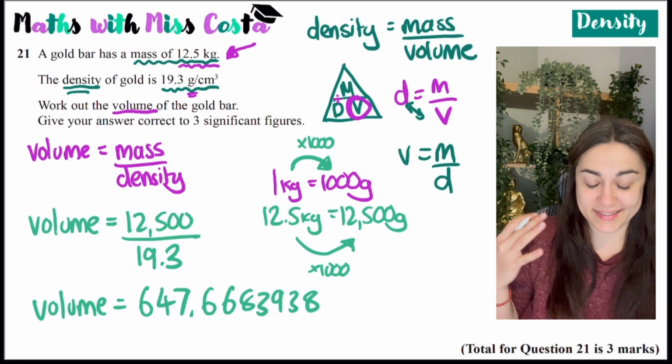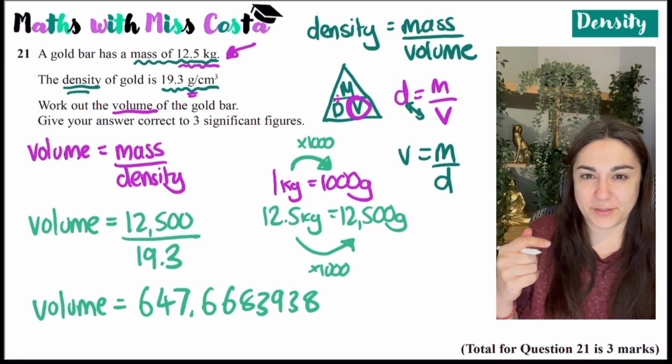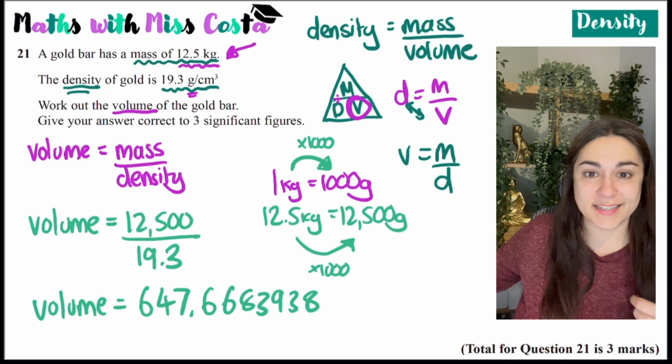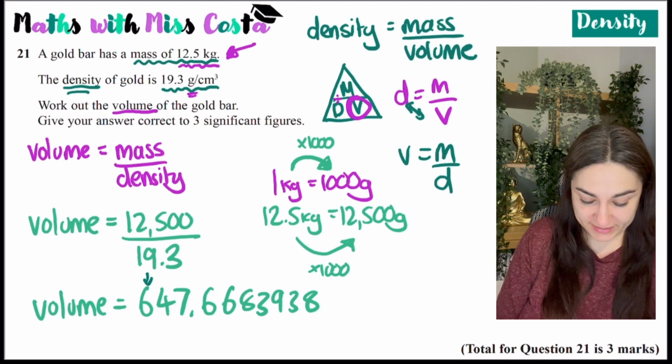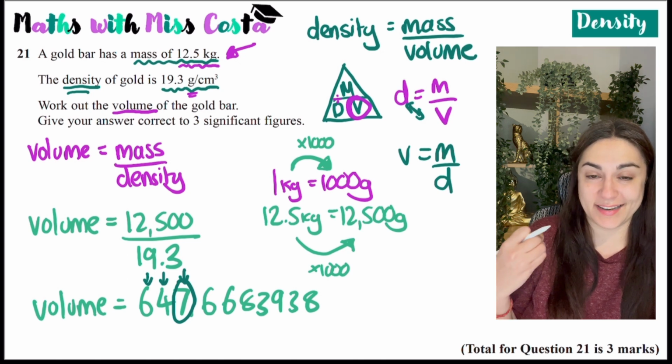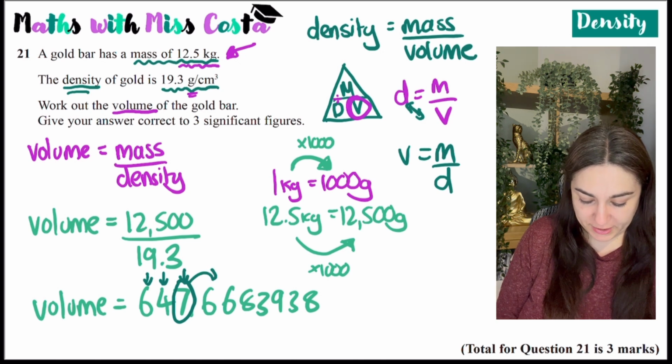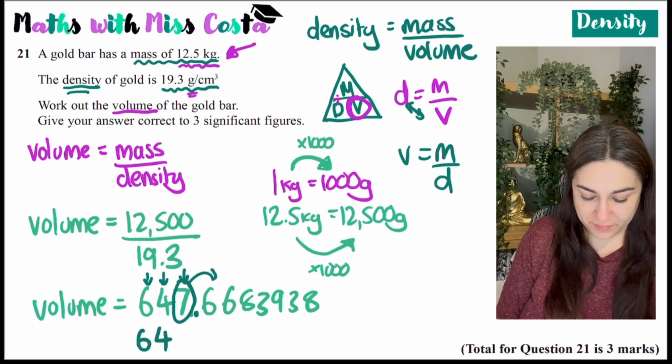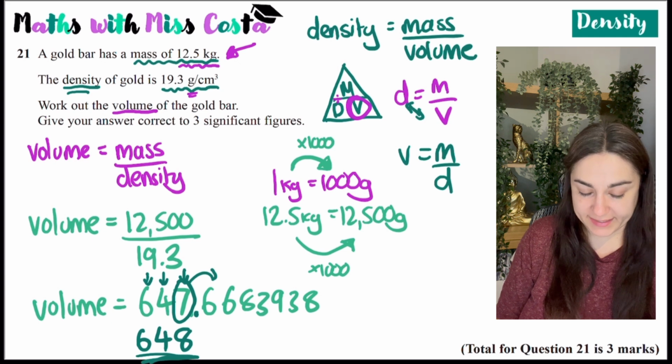So when I'm rounding to significant figures, I go to the third digit that has place value. So that's the first significant figure, second, third, and this is what I'm rounding. So I'm rounding to the nearest unit. So I look next door, it's more than 5, so I'm going to round that to 648 to 3 significant figures.